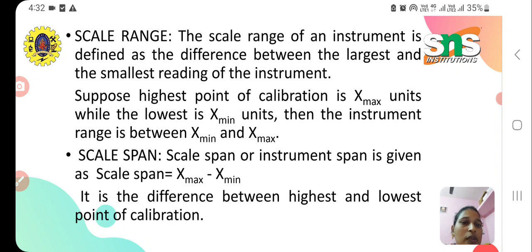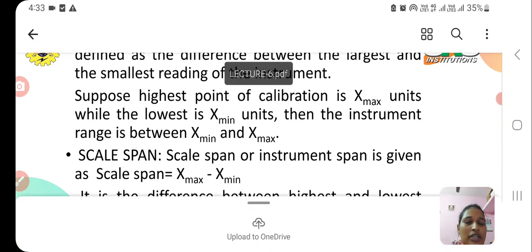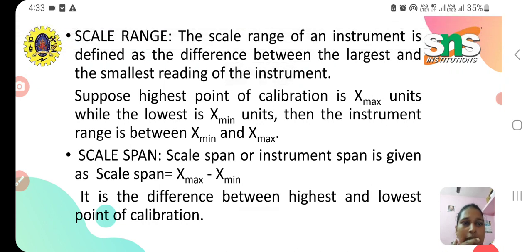The deflections, an ammeter can read 0 as well as 500. Suppose the highest point of calibration is X max and the lowest point is X min. Then the instrument scale range is X min to X max, just like the case of 0 to 500 milliamps.